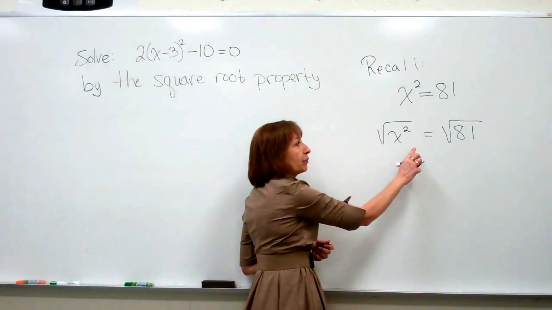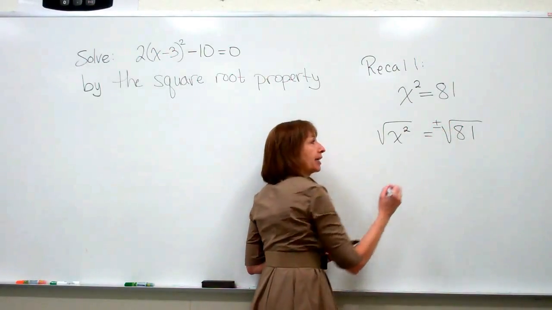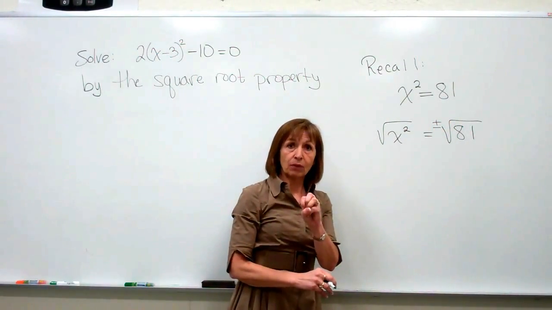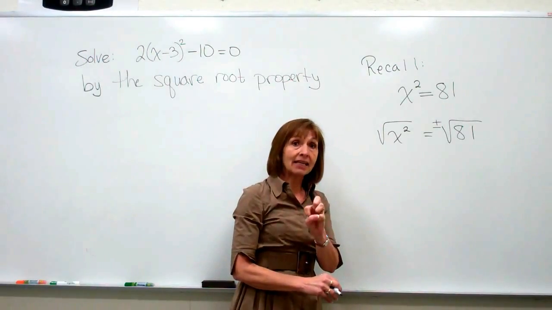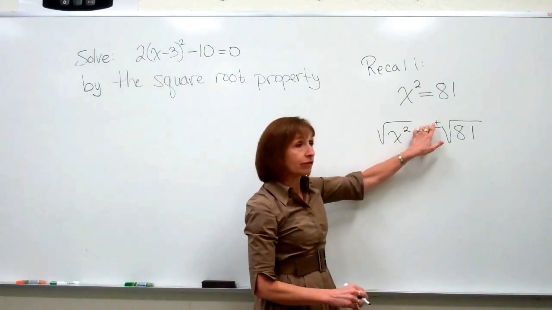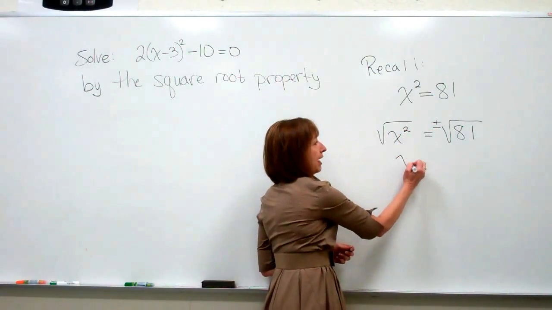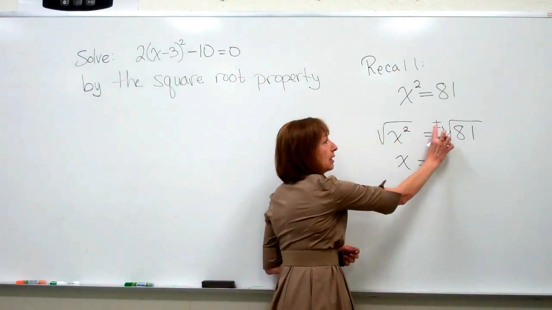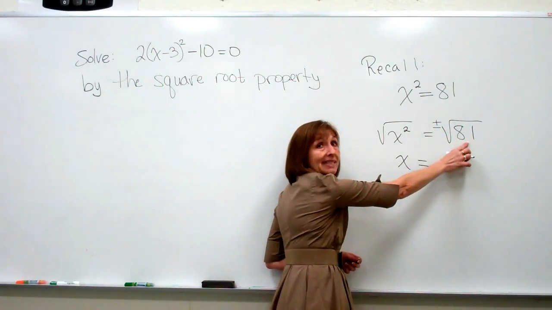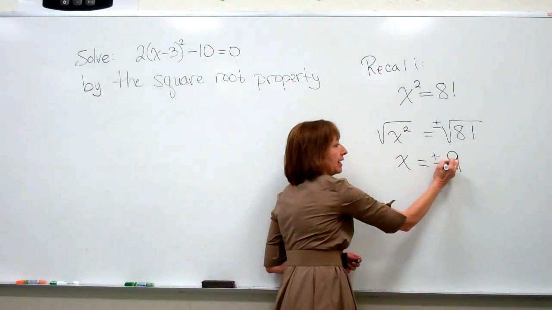Now, I also have to allow for both the positive case and the negative case, because I know that when I take a number and square it, a positive number squared is positive, and a negative number quantity squared is also positive. So I can have two different solutions to this. Well, the square root of x squared is x, and 81 is a perfect square number, so the square root of 81 is 9, so I'll get either a positive 9 or a negative 9.